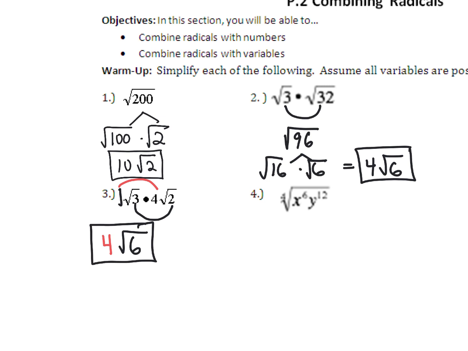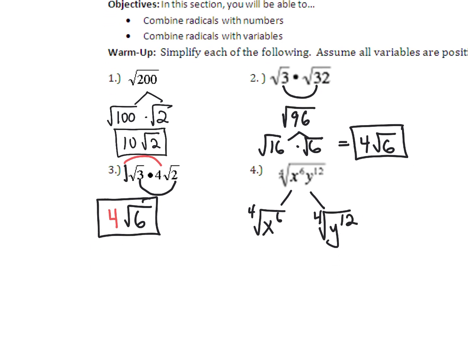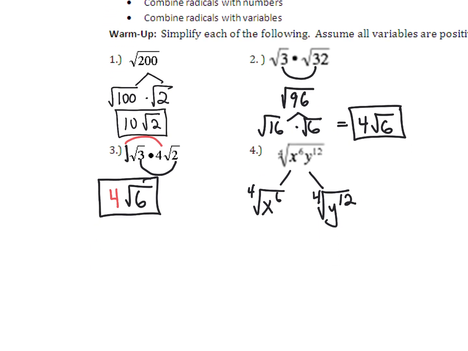That's kind of cool. All right, so in number 4, we're using that product property to break this problem apart a little bit. And I saw quite a few of you busting this guy up into its factors. And then you ask yourself, how many times does 4 go into 6?